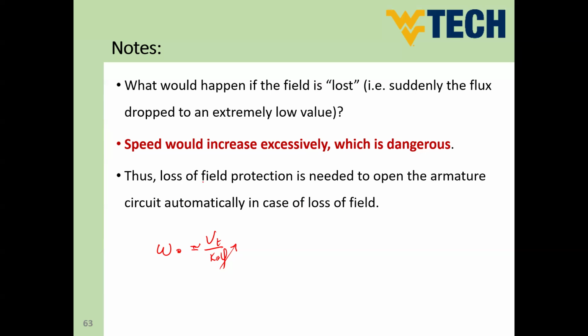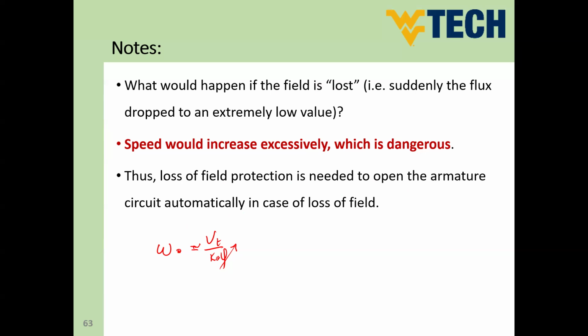The loss of field protection is needed to open the armature circuit automatically in case of loss of the field. So this is very important to have a protection. If you have field current loss, you have to have a protection to open the circuit of the armature.